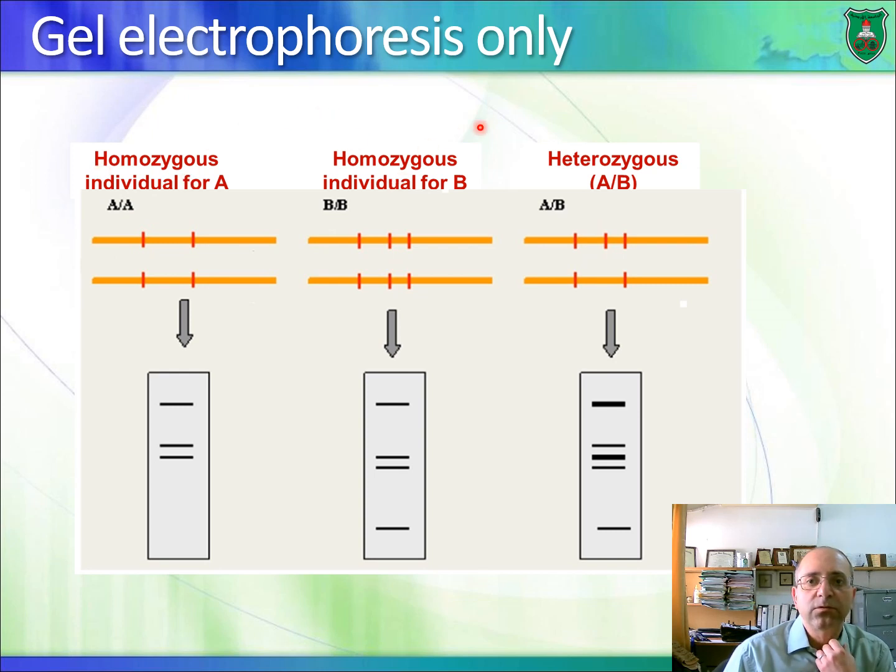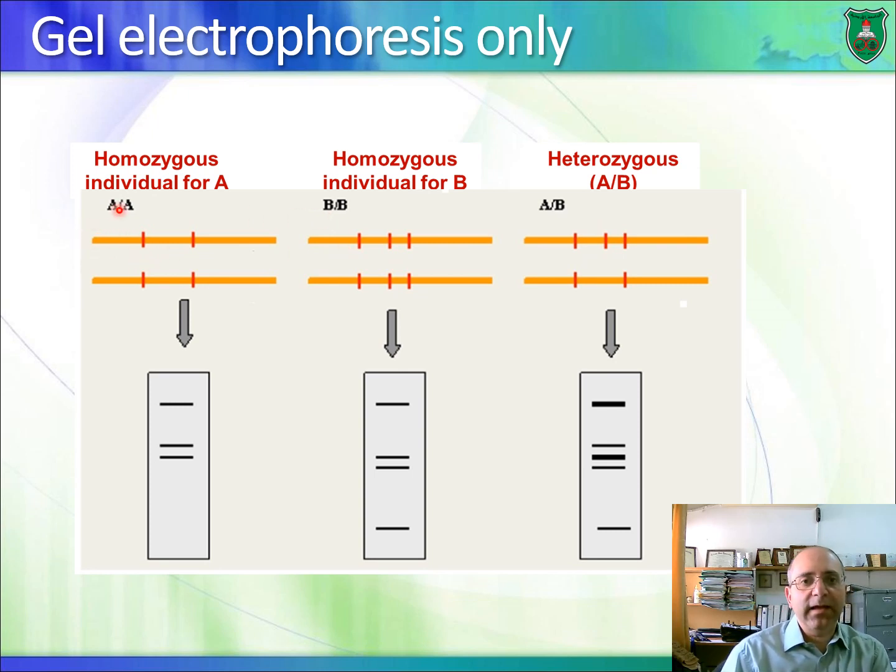Okay, 1, 2, 3. And for a particular location on the DNA of these individuals, there are 2 possible alleles. You have allele A and you have allele B, okay, depending on the sequence.